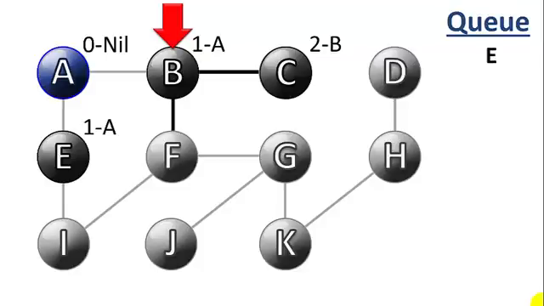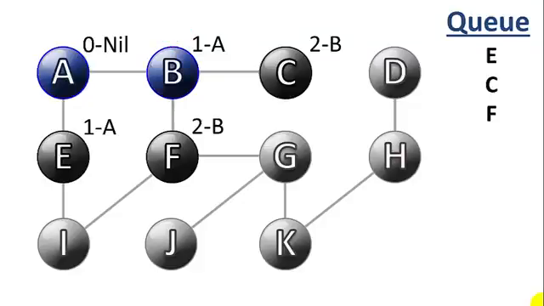We'll update its distance from the source to 2, which is 1 plus B's distance, and update its predecessor vertex to B. We'll add C to the queue, and now we're going to jump to F. We color F black, we update its distance and predecessor vertex, and we add F to the queue. Now we're done with B because we've explored all of its outgoing edges.